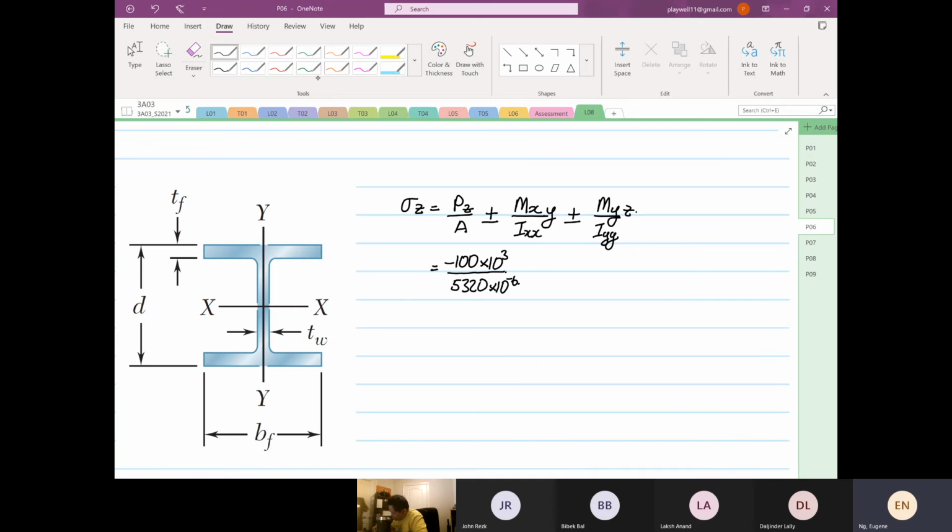Okay, so this is where our element A is.